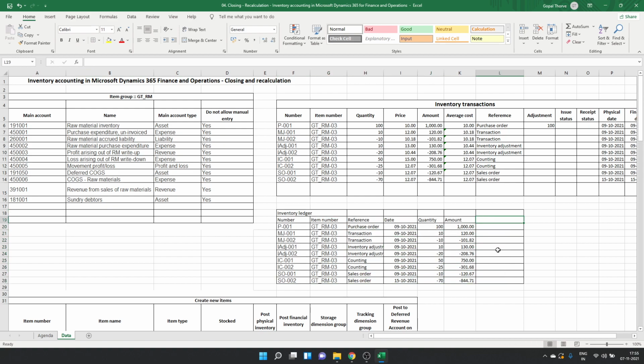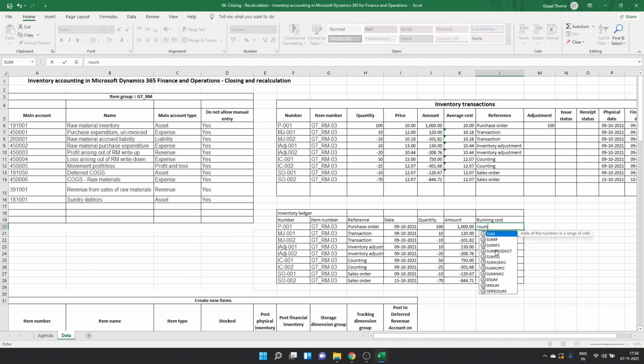Okay, and I can include one more column which is not maintained in inventory ledger, but I'm including just for the sake of demonstration. Okay, sum of my amount. So here I don't want to include the dollar, divided by sum of my quantity.